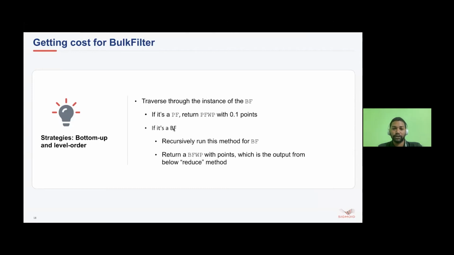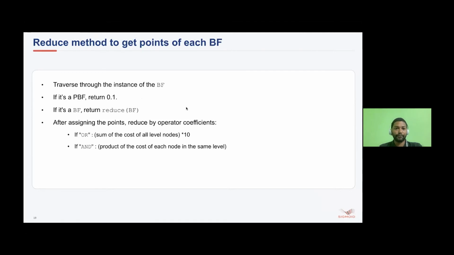If it's a bulk filter, the nested filters, then we will recursively run on the BF, the bulk filter, and on basis of each projection filter inside them, and the operator we will decide the reduce on basis of that. So in case of the bulk filter, if it's a projection filter inside that, then we return it 0.1.